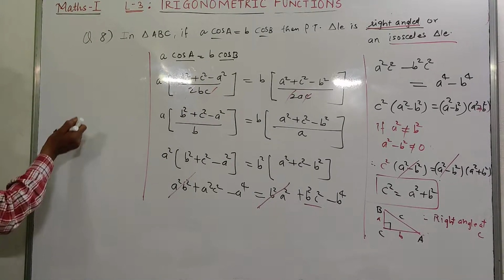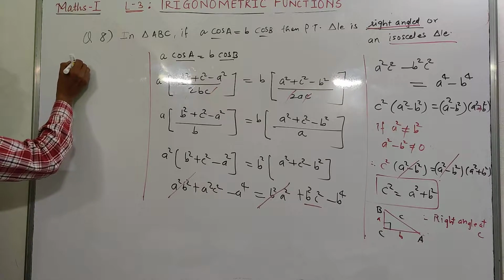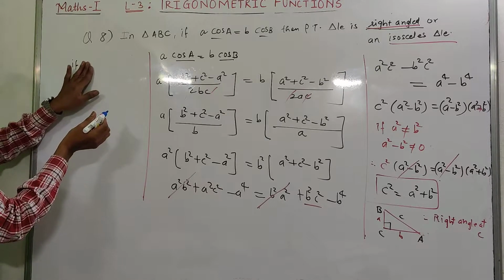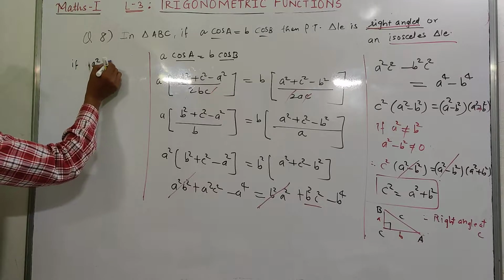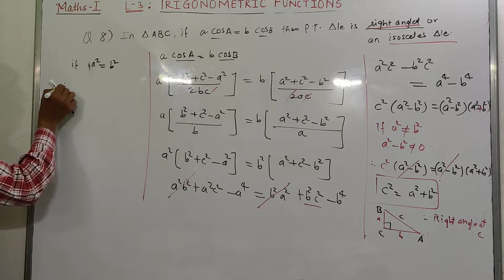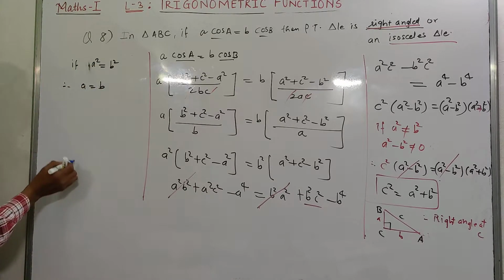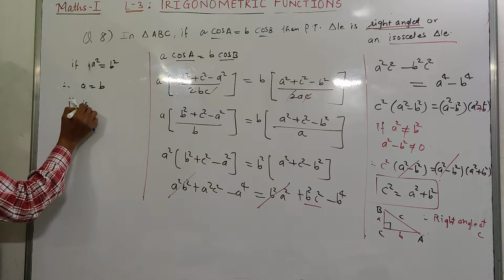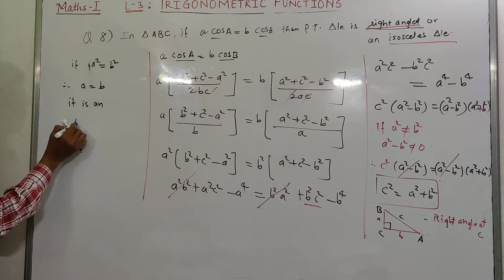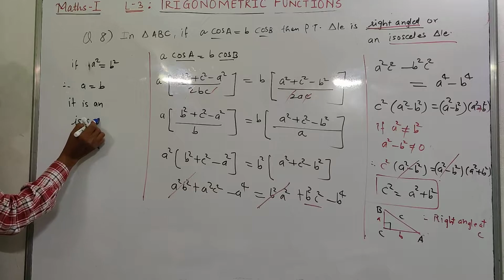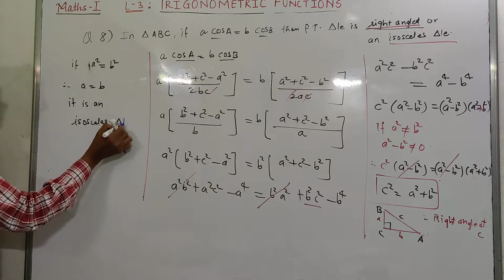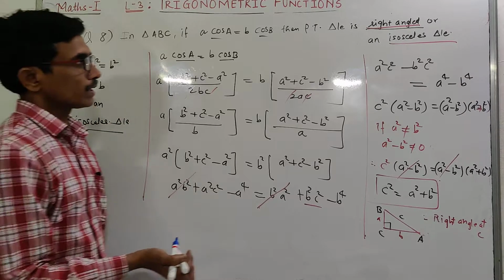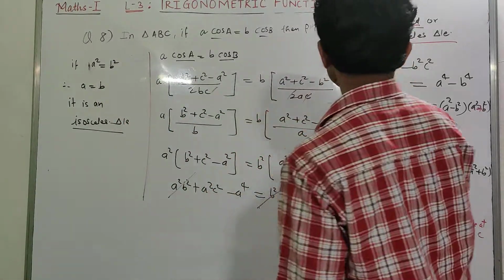If A square and B square are equal, therefore A is equal to B, means it is an isosceles triangle, which is required, either this or this.